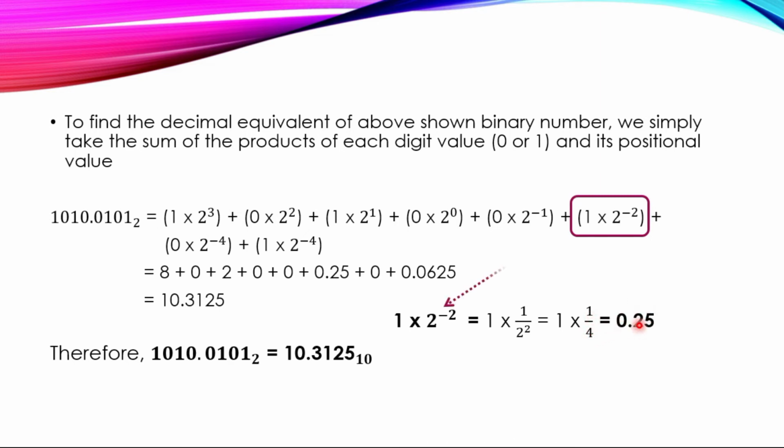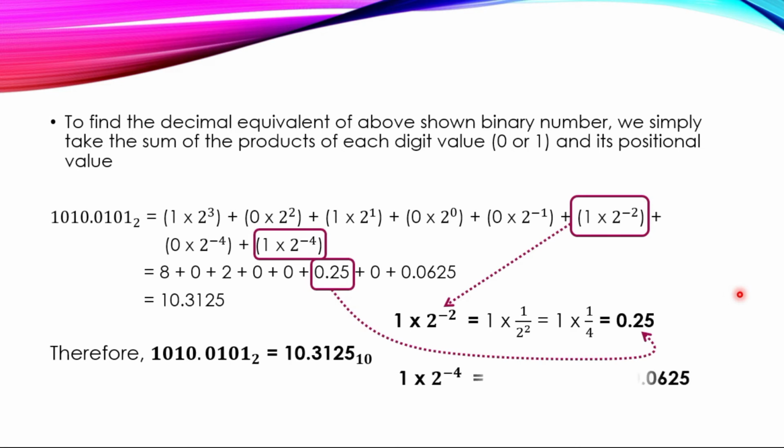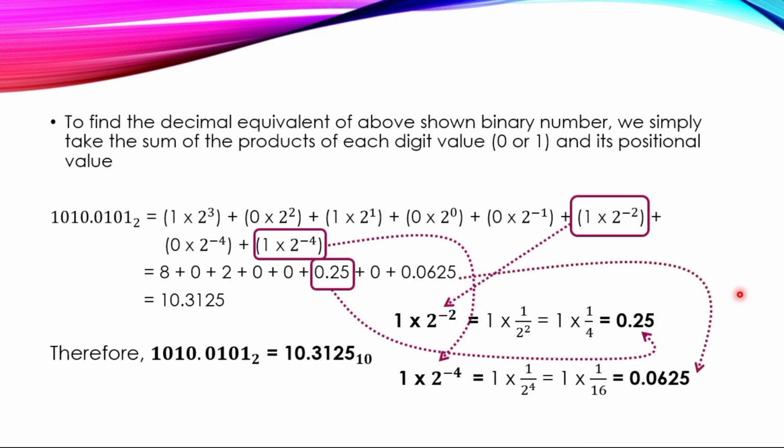This is how you get the number. Next is 1 into 2 raised to minus 4. The same way, it is 1 into 1 upon 2 raised to 4, and 2 raised to 4 is 16. So 1 upon 16 is 0.0625. And this is how you can convert your binary number to a decimal number.